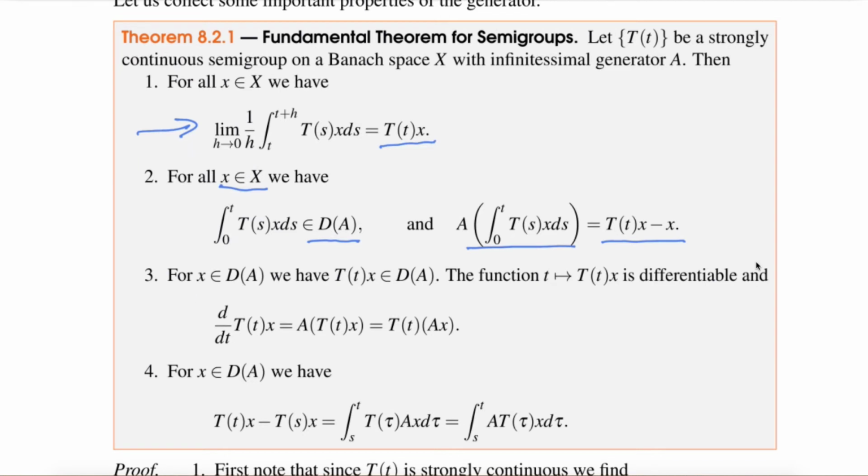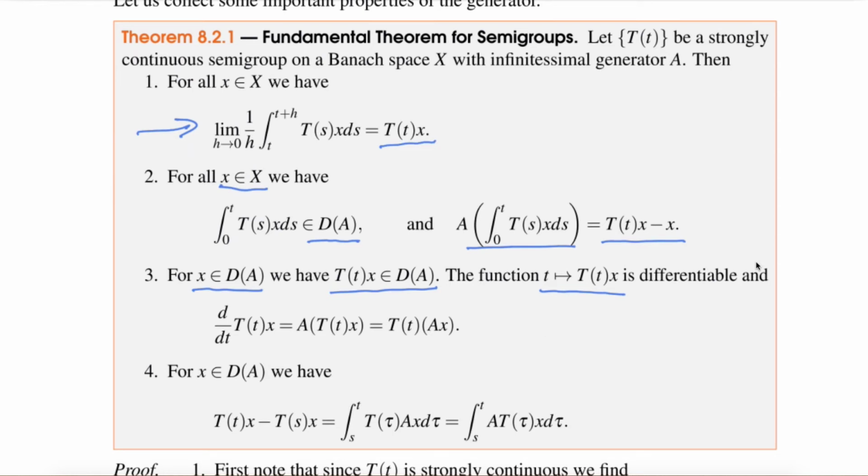Now, if we start already in the domain of definition, then the semigroup will keep us there. So meaning the domain of definition for A is invariant under T. And then the map t maps to T(t)x is differentiable, and we have a differential equation d by dt of the semigroup applied to x is equal to A applied to the semigroup, or the semigroup applied to Ax.